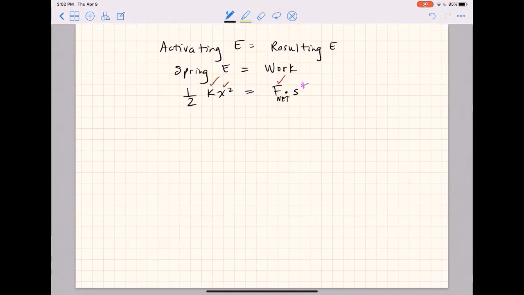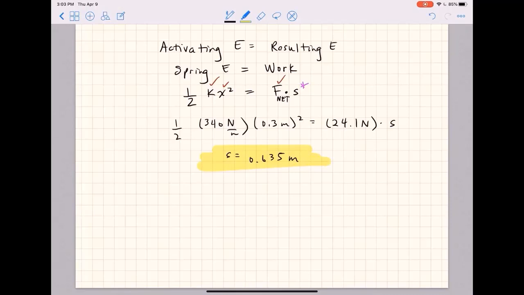So let's sub in our numbers. 1/2, this is 340 newtons per meter that was given, and 0.3 meters also given, equal to 24.1 newtons, which we calculated, times a total displacement, and that displacement is 0.635 meters.